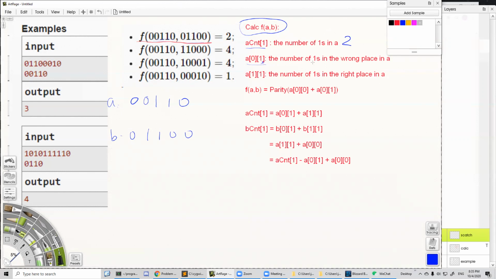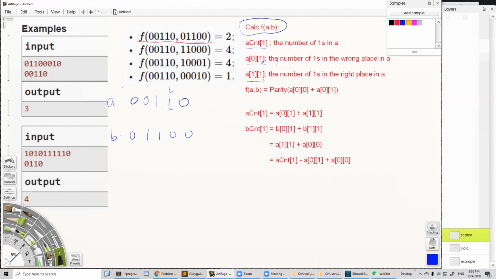And the number of ones in the wrong place in A is this guy, right? This guy is 1 here, but it's 0 in B. So this 1 is in the wrong place. So A01 is 1, right?